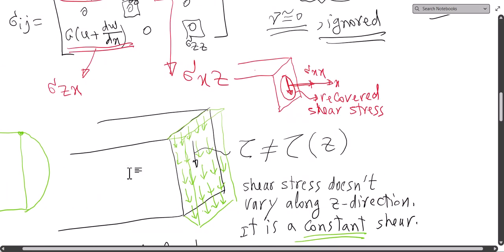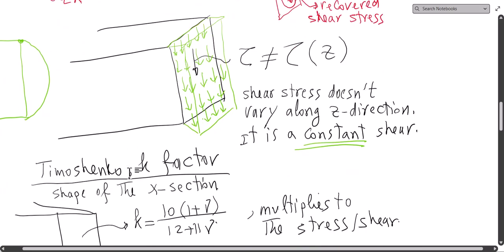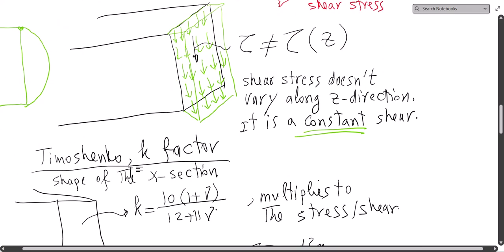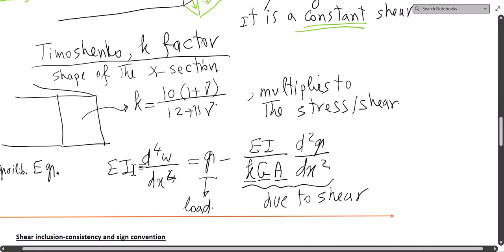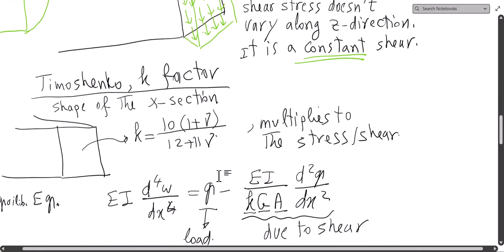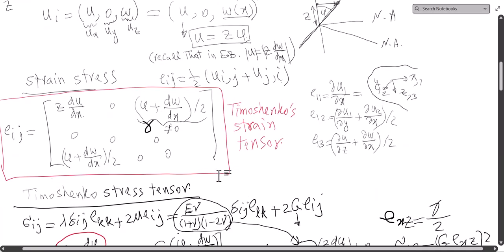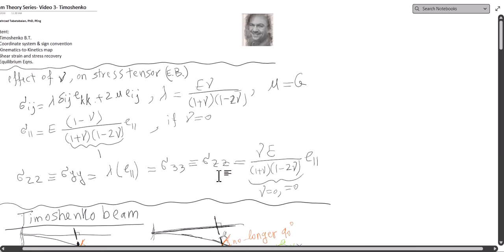And then we can have two equations at the cross section for V and moment, and then we can solve the beam. Also, we can relate it to the deflection, which is secondary here. So the main point here is to go through the nuts and bolts of Timoshenko beam theory. I hope this video is useful.